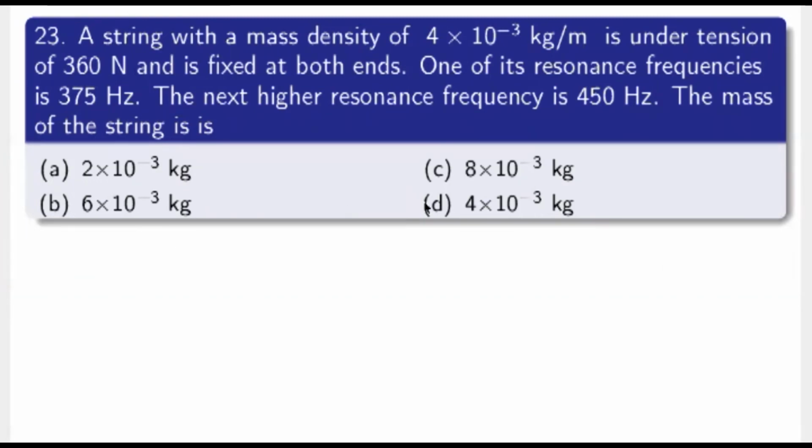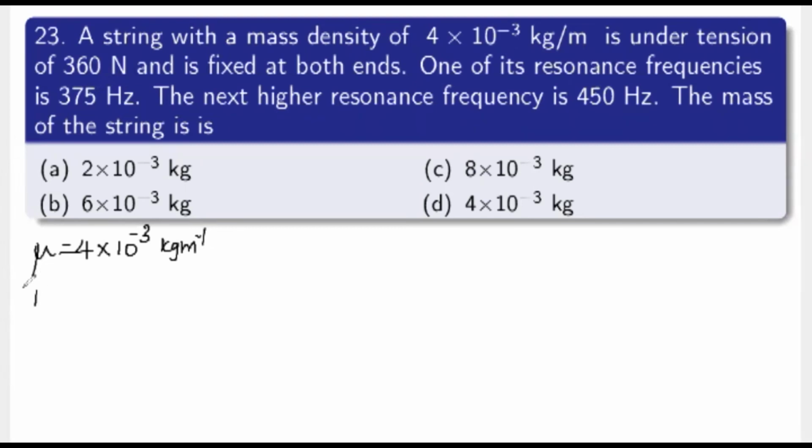So linear mass density is given, mu equals 4 into 10 power minus 3 kg per meter. This is mu. And one of its resonance frequencies is 375 hertz.